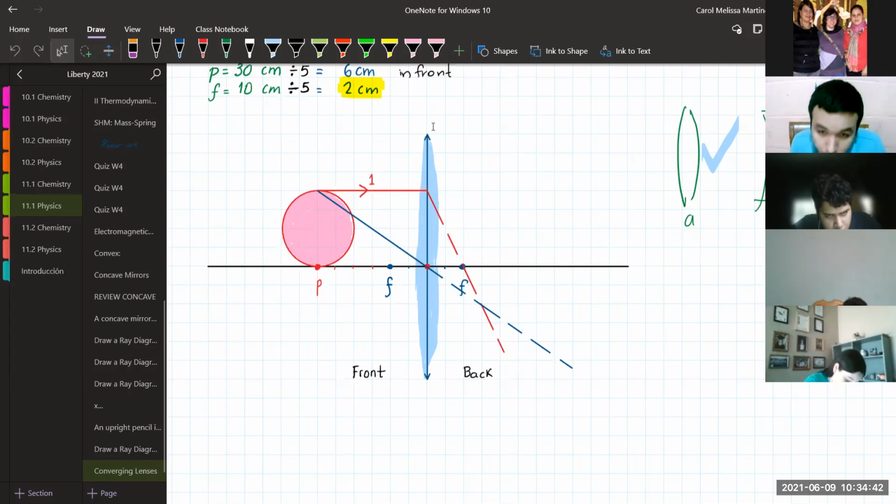And now the third ray comes again from the top of my object through the first focal point until I touch the center, the y-axis.